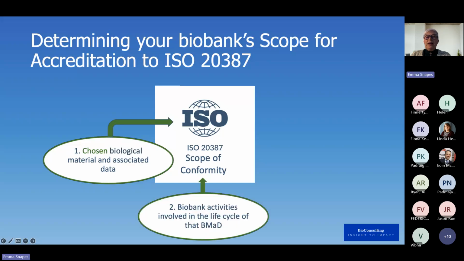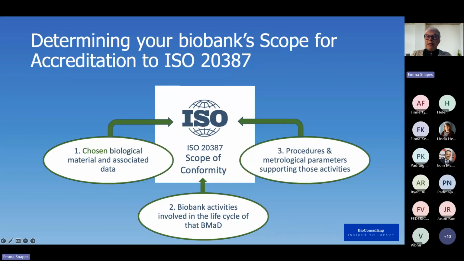Then, linked to that, you will need to select the obligatory activities as well as the other activities that impact the fitness for purpose of the chosen biological material and associated data. And then finally, you will need to add the procedures and any metrological parameters supporting those activities.